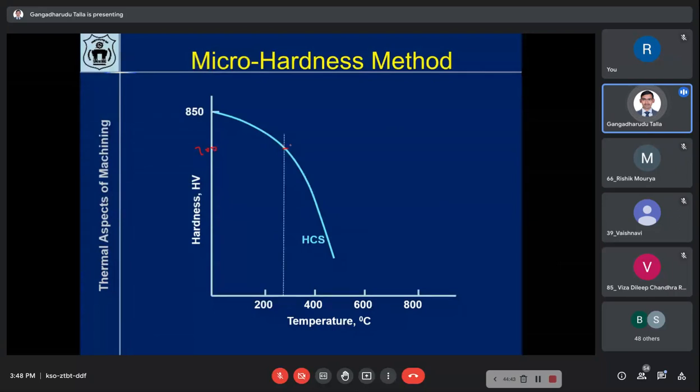So if 700 is here, you draw a vertical line and see what is the corresponding temperature.